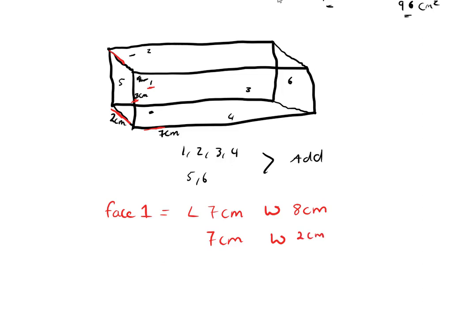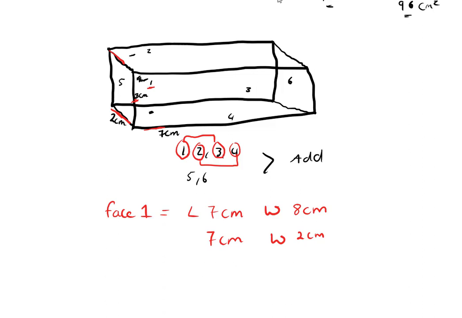Face 3 then is the same as face 1, so face 1 and face 3 are the same. Face 2 and face 4 are also going to be the same. So they're connected and these are connected. Then we need to get face 5 and face 6.